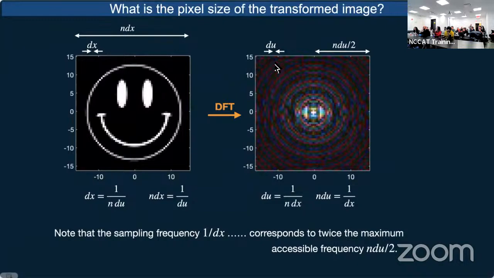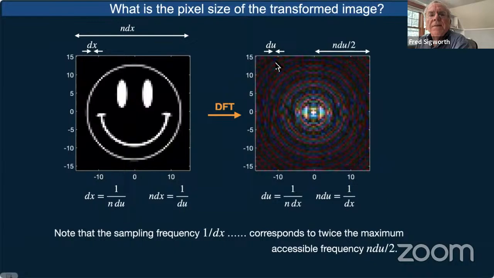So the question is, what is the size of a pixel here, and what does that tell us about the resolution? So the size of a pixel, du, is equal to 1 over n dx. That is, the size of a pixel here corresponds to the entire width of the original object.